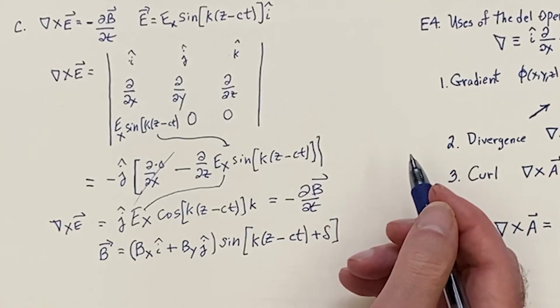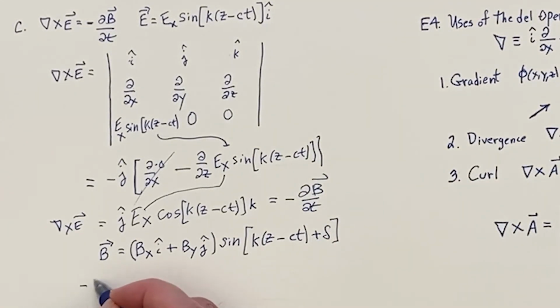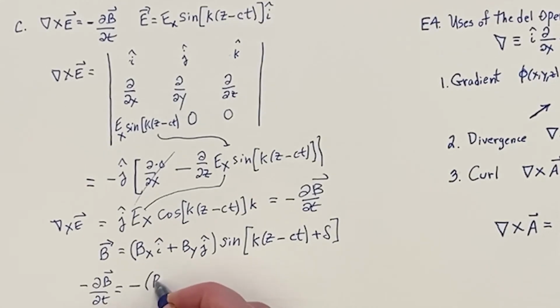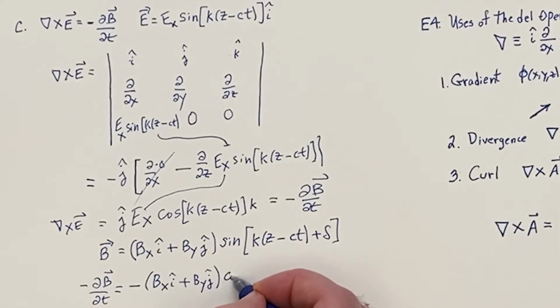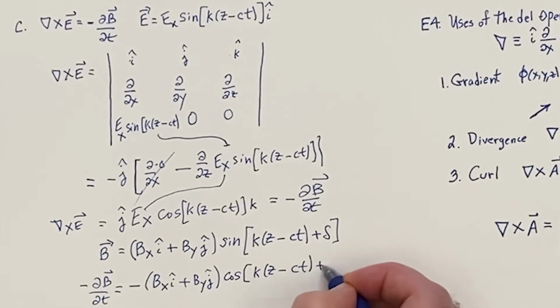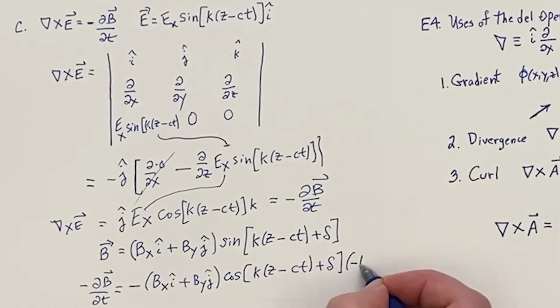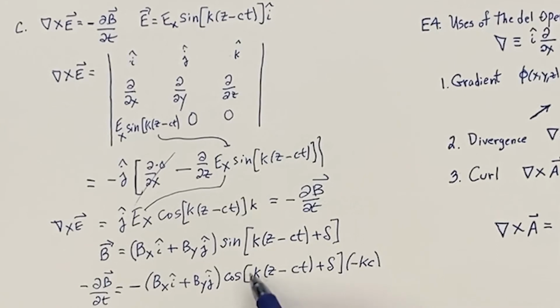So if we were to take a derivative of this thing, minus dB/dt, we would have a minus sign, and since these are constant amplitudes, these would stay there, and we would then take the derivative to get the cosine of kz minus ct plus the phase, and then the chain rule, there'd be a minus kc coming out of there.